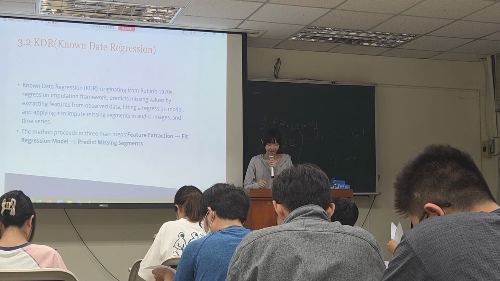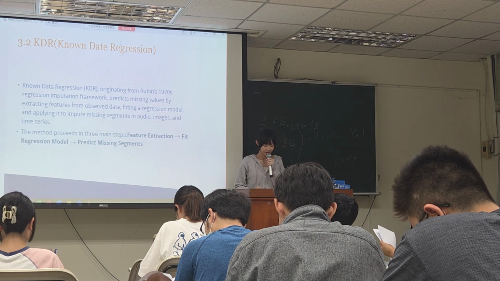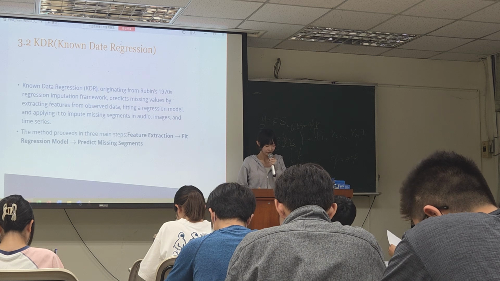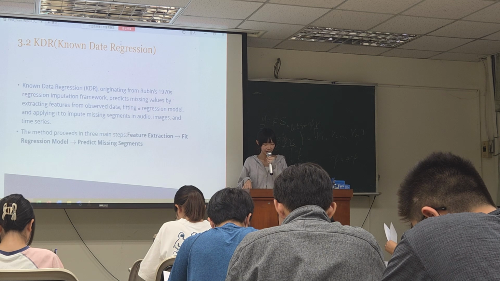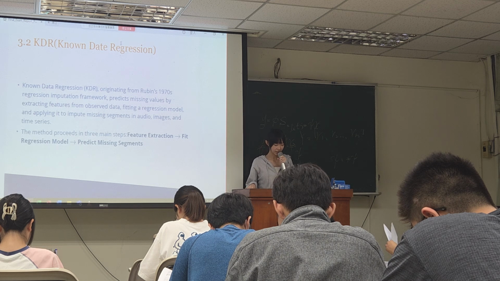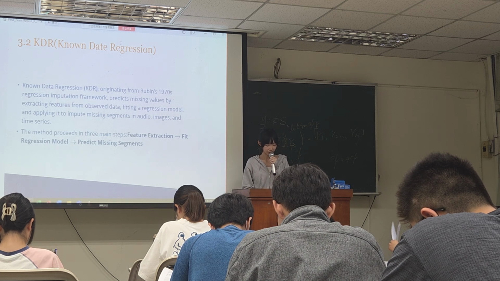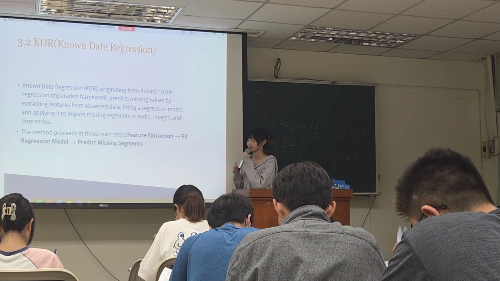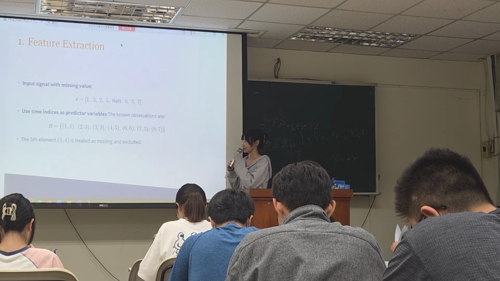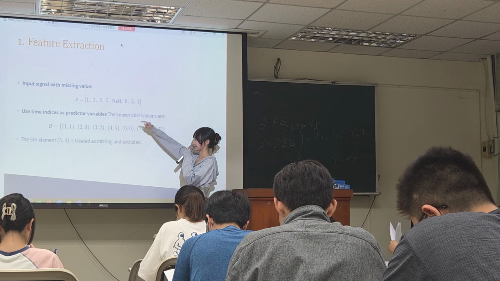Next is KBR. KBR originates from Rubin's regression imputation framework and predicts missing values by extracting features from observed data. Let's look at the example.